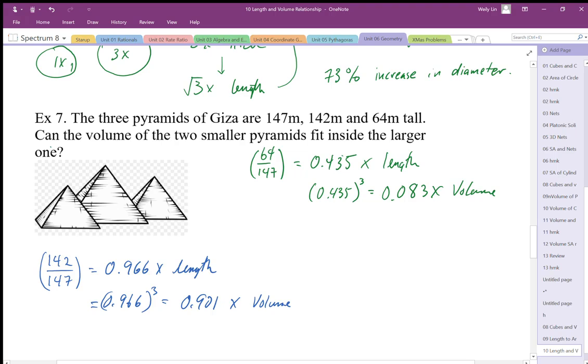Well, if that's the case, then I know that 8% and 90% will fit inside 100%. So the volume of the 2 smaller pyramids can fit inside the larger one, the largest.